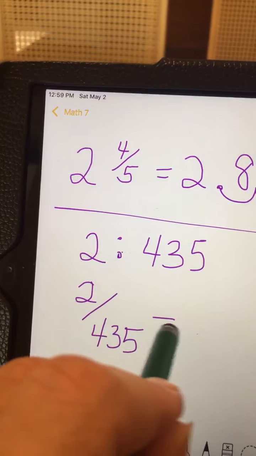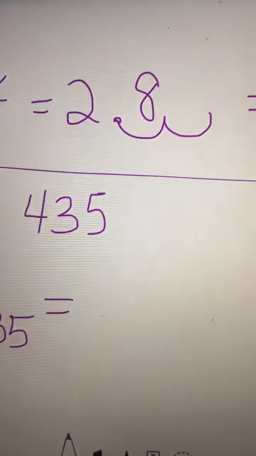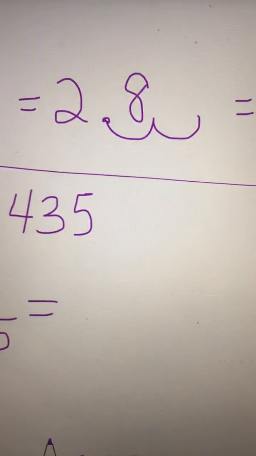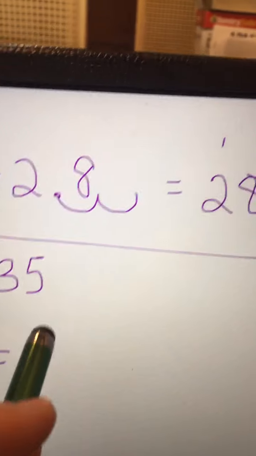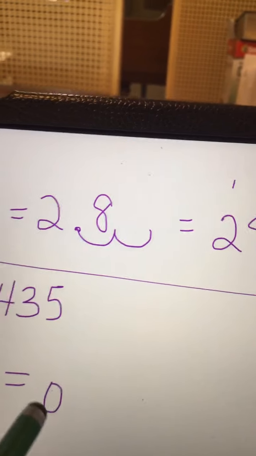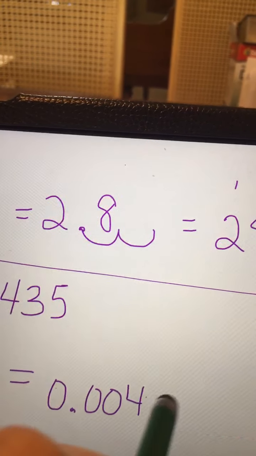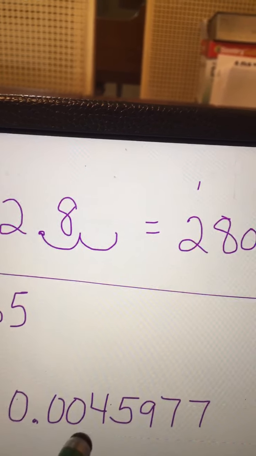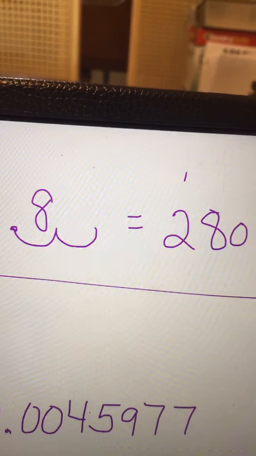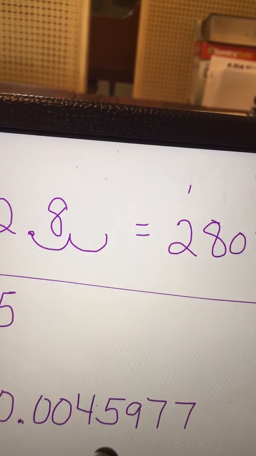Let's make that into our decimal. Go ahead and divide that. 2 divided by 435, and you should come up with a rather interesting number. Here we go. Ready? Should come up with 0.0045977.